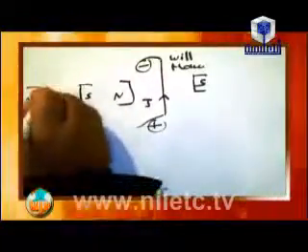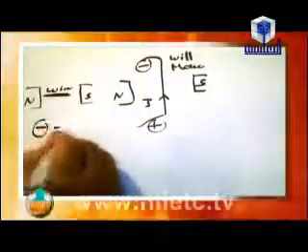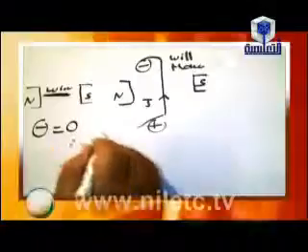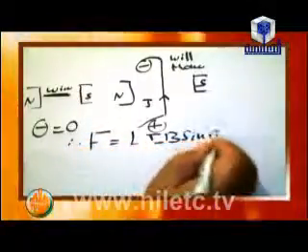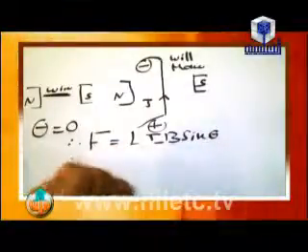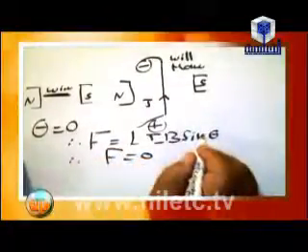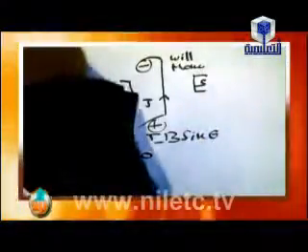In this case, the wire will be parallel to the field, so theta equals 0, since F equals L I B sine theta, and sine 0 equals 0, then the force equals 0, so the wire does not move. When the wire carrying current is placed perpendicular in the magnetic field, it will move, because of the interaction between the magnetic flux lines, which makes a force that moves the wire.